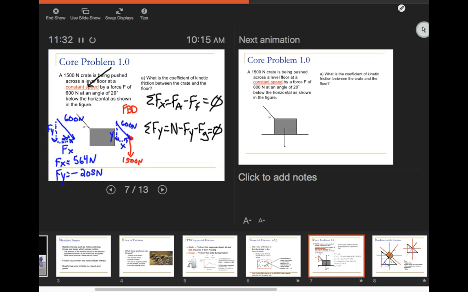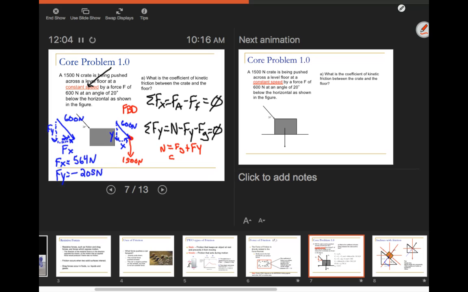So what am I supposed to do with this? Well, here's what we really need to do. We've got to do the y equation first, and I'll explain why in a minute. So the normal force equals Fg plus Fy.